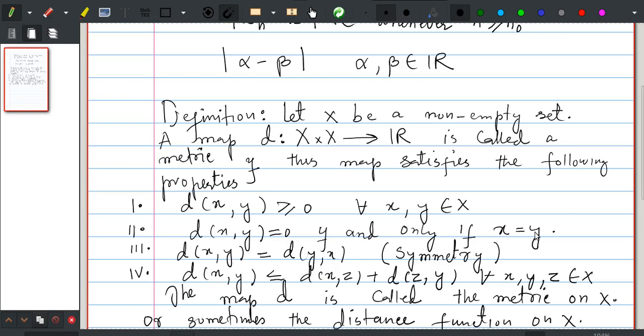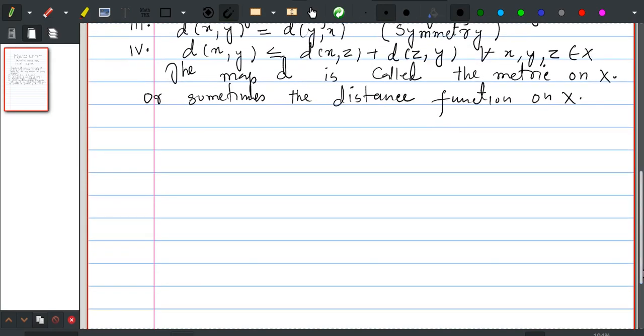Similarly, if we have three points, say this is point x here, this is point y, and this is point z, then the distance from x to y is less than or equal to the distance from x to z plus the distance from z to y.